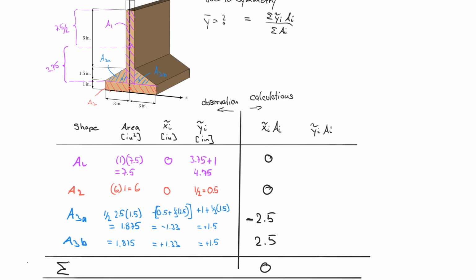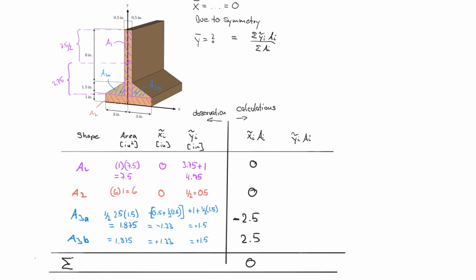And this 0 here is the reason why we were allowed to say that we use symmetry to claim that x bar is equal to 0. So we kind of proved it here.